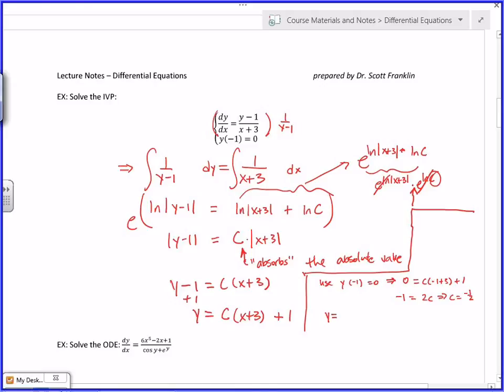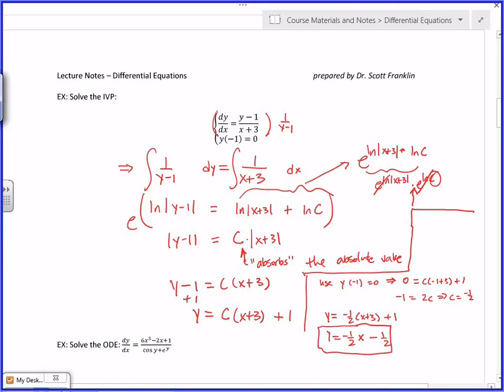So y is equal to negative 1/2 times x plus 3, plus 1. You can leave it in that form, that would be correct. I could also simplify this. Negative 3/2 plus 1 is just negative 1/2, so y is equal to negative 1/2 x minus 1/2, I believe. Either one of those works.